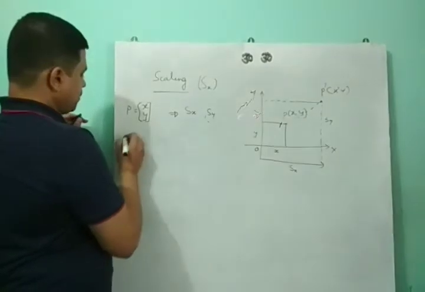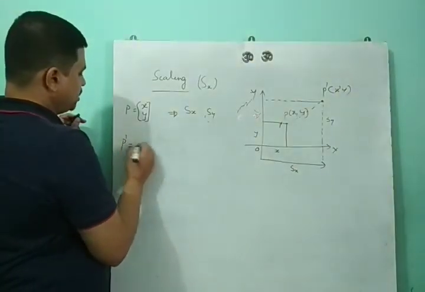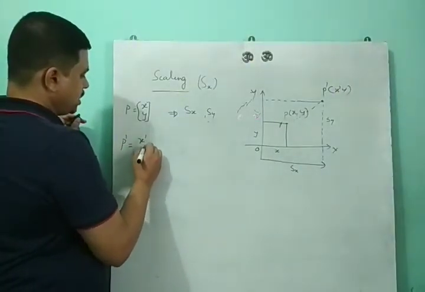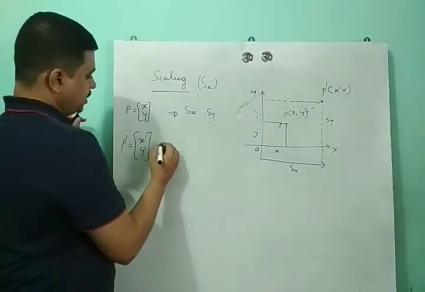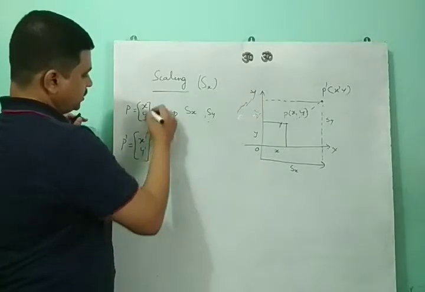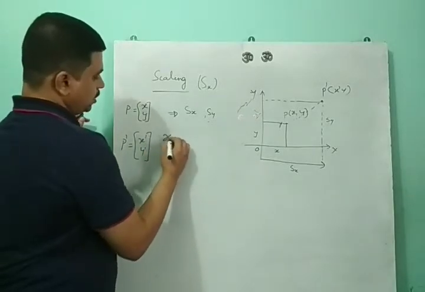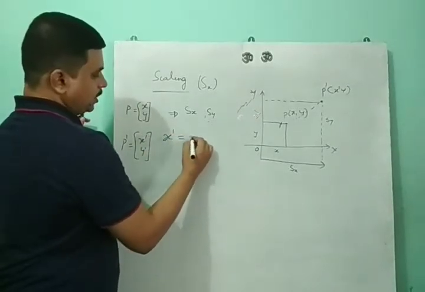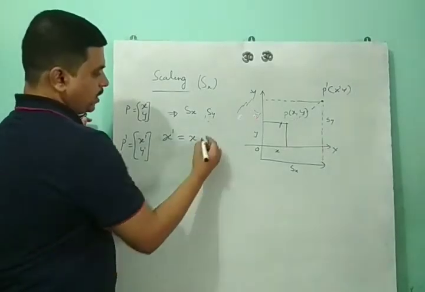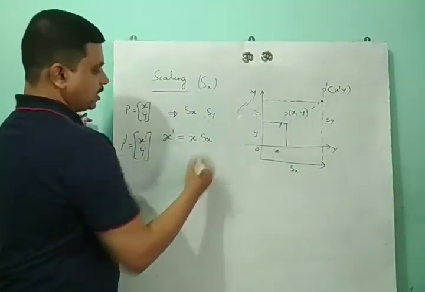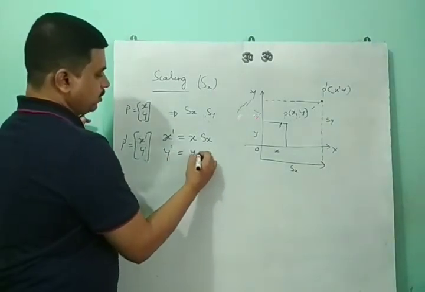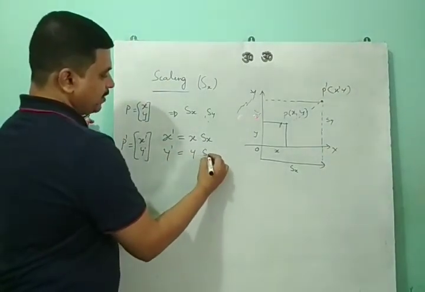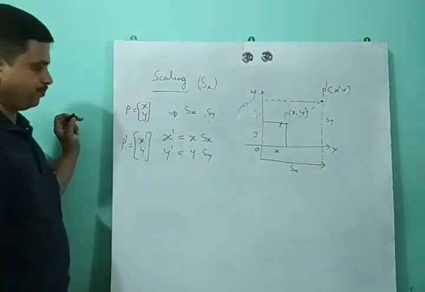Then P dash is equal to x dash, y dash. In matrix notation, we will consider the equations first. x dash is nothing but the initial point multiplied by the scaling factor along the x direction, and y dash is nothing but the y value multiplied by the scaling factor in the y direction.